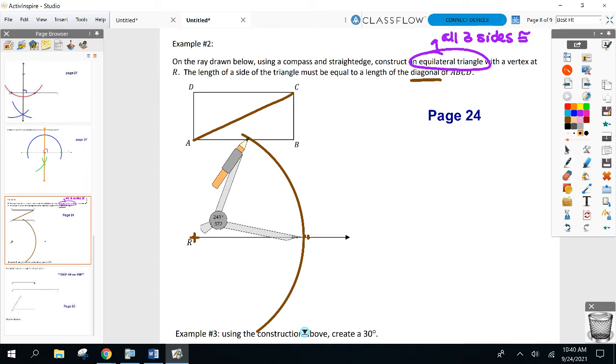Isn't my compass open to the length of the diagonal? Everyone see the second side we're about to make? Go ahead, make an arc. Ah, shoot. Got to go back and remeasure. Go ahead and make those two intersect. There we go. Go back to this point of intersection. Make them intersect.